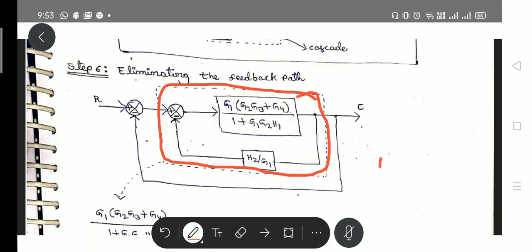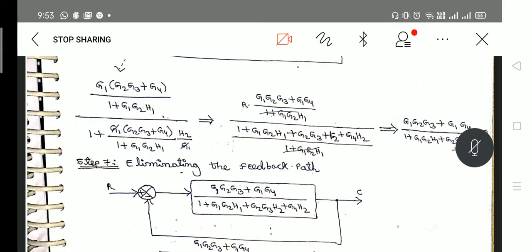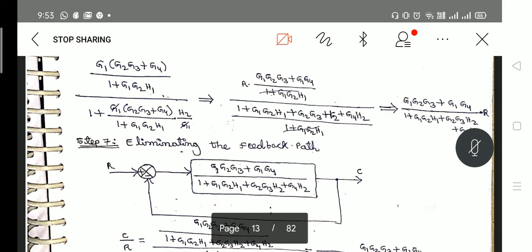Okay, we can simplify this one. Then we will get this value G1 G2 G3 plus G1 G4 over 1 plus G1 G2 H1 plus G2 G3 H2 plus G4 H2.